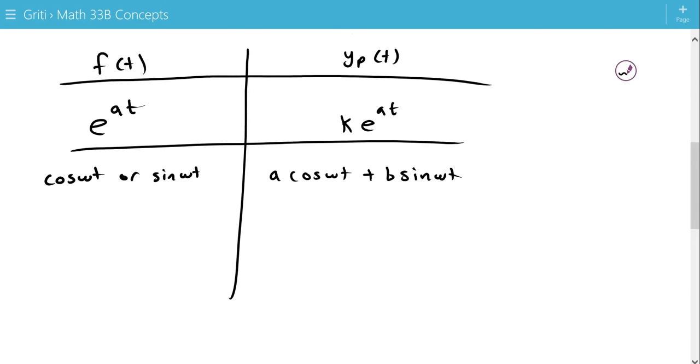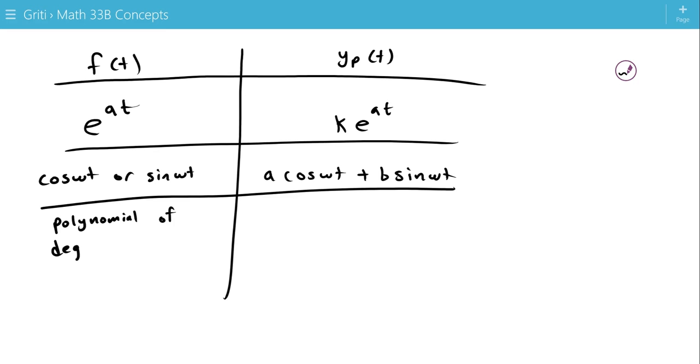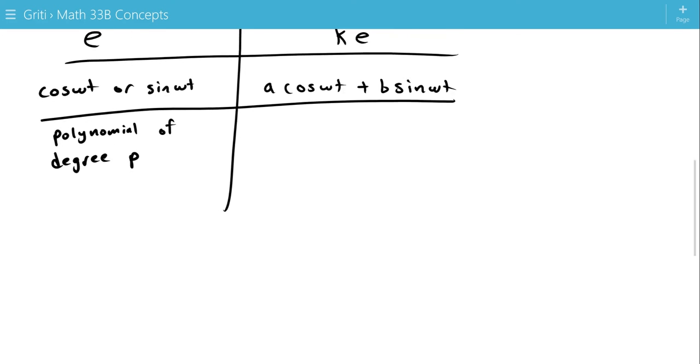And if we have a polynomial of degree p, so that might look something like this: a t to the p power plus b t to the p minus 1 power, all the way to some constant z.